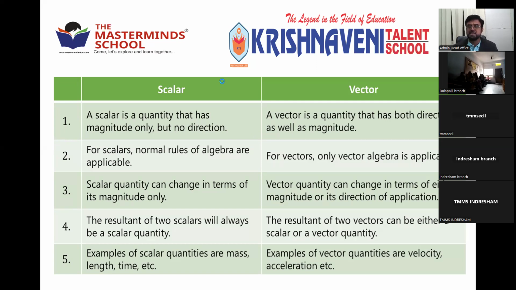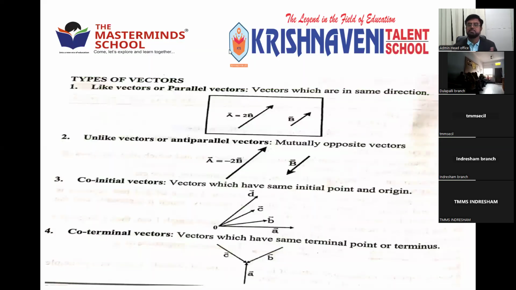After knowing about scalars and vectors, we enter the types of vectors, right? In the last class, we discussed the various types of vectors with perfect diagrams and pictures, which clearly make us understand the types of vectors. See, like vectors or parallel vectors.